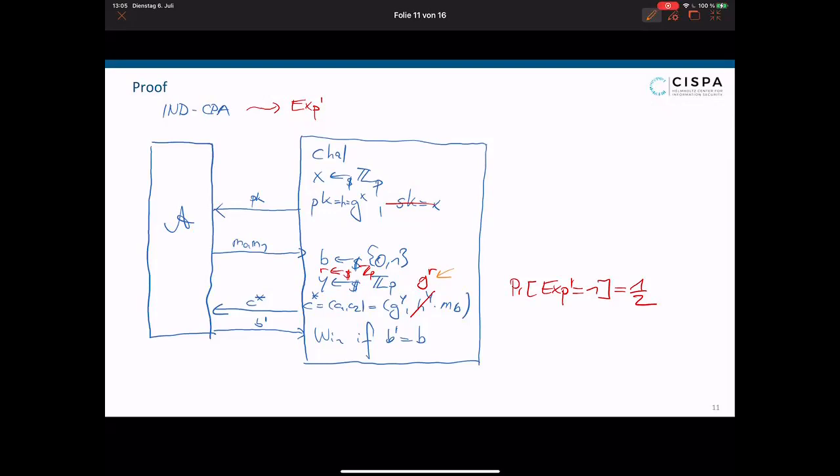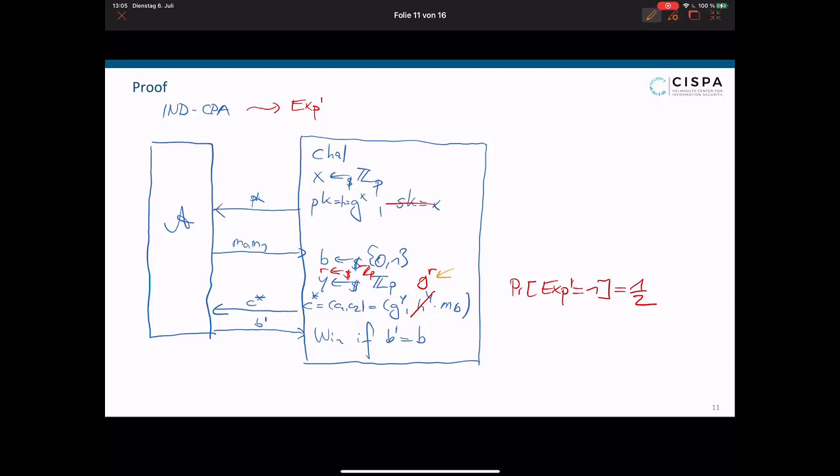So what would I be enabled to do if A had substantially different success probabilities in the INCPA experiment and in this X prime? What could I do then? Good. Two people wrote, then the DDH assumption does not hold. And this is correct.